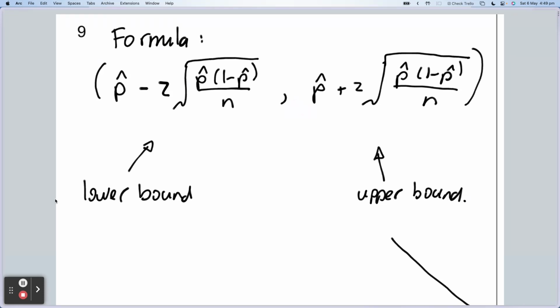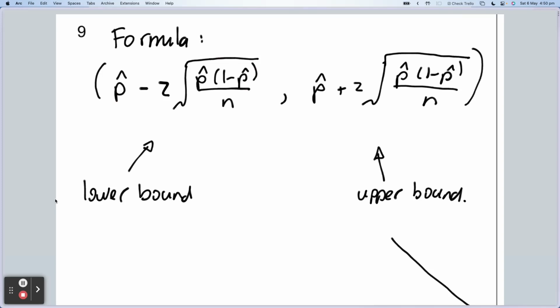And then the other side, the other interval, is p hat plus z multiplied by this big old number here. So this again is the lower bound, this again is the upper bound. You can see that if I've got p hat minus this and p hat plus this, we are centering around p hat. So p hat is the middle, and we've got a symmetrical range around p hat.